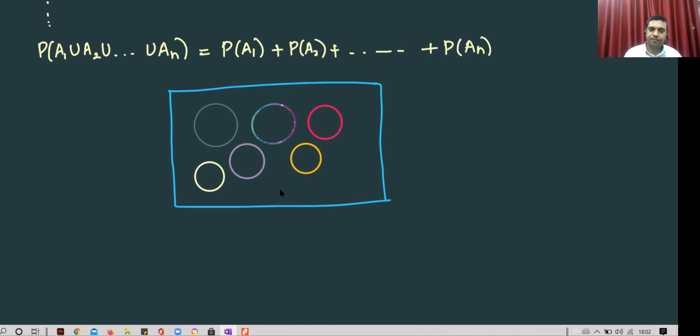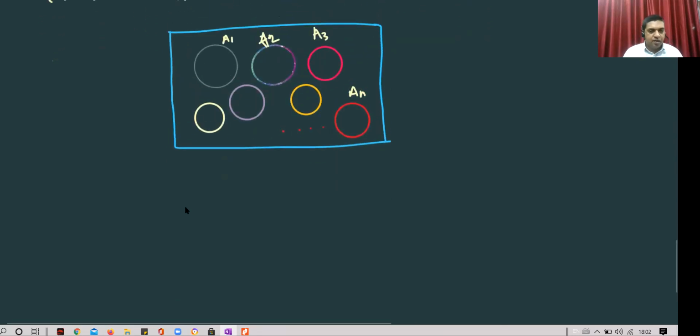So you get A1, A2, A3, so on up to AN. These are mutually exclusive events. Let's do some problems before we go to more. There are more results on this.